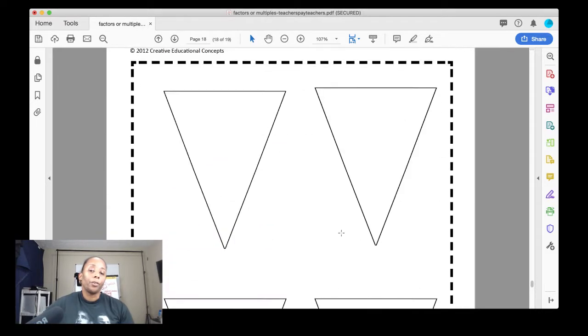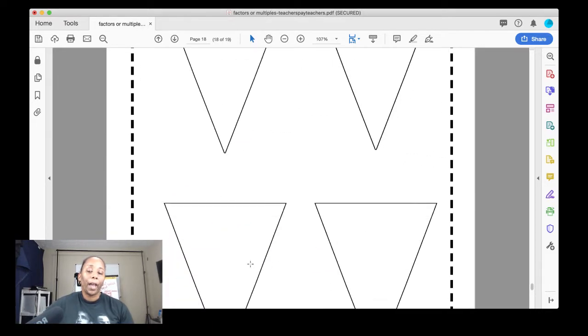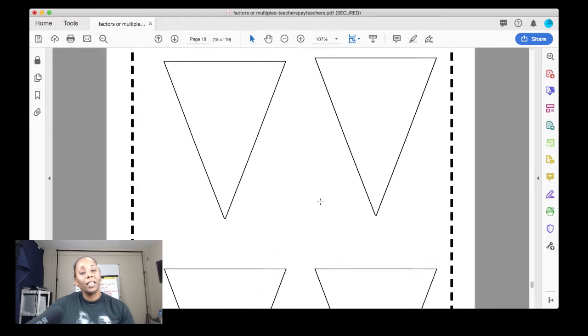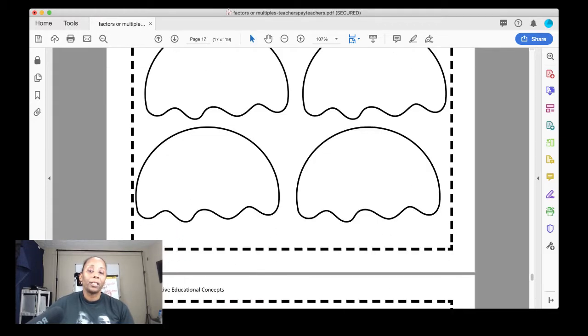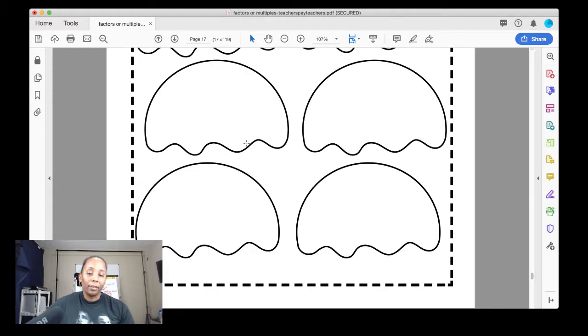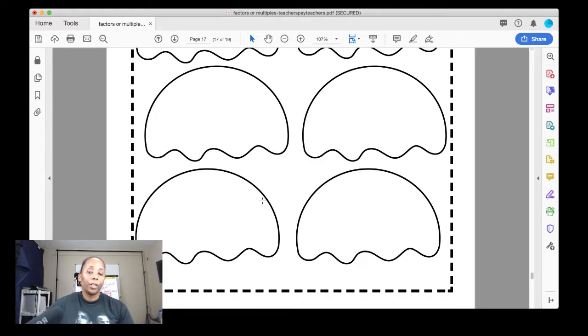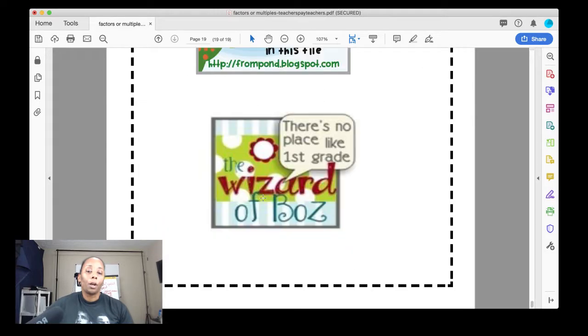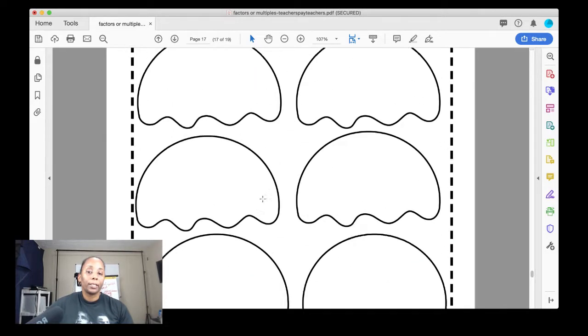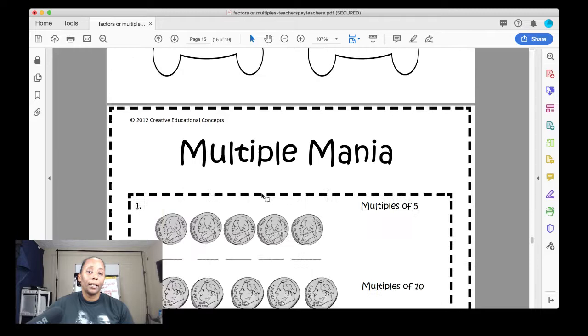And then you put your factor. You can put the actual whole number on the cone, and your ice cream scoops are the factor pairs that go with each one. So it's a really great activity for your students, especially if they're struggling with that.